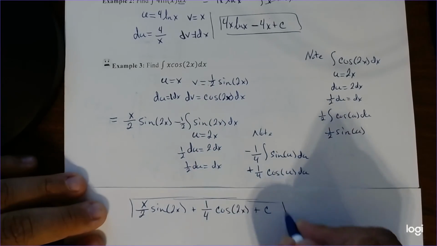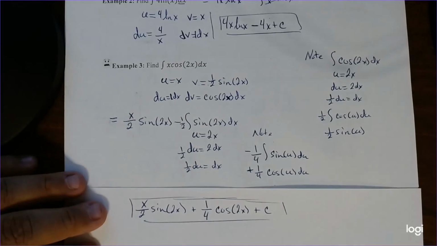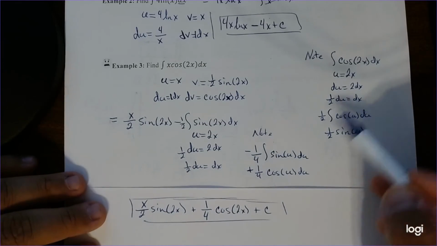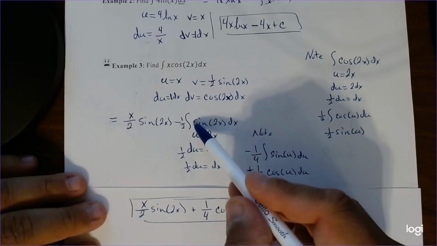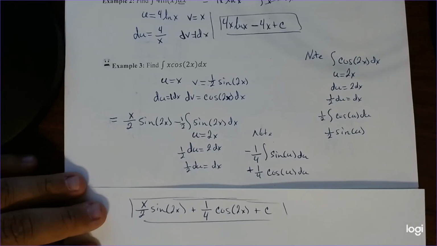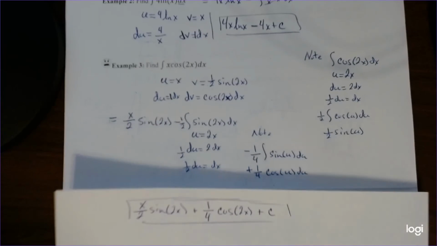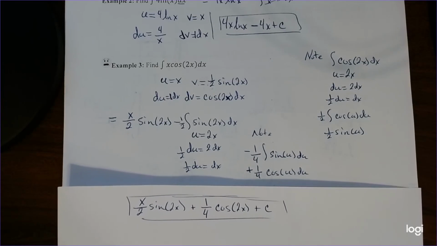And there we go. This is what I consider a pretty difficult question, because notice that we had to do the substitution rule twice: once for the initial integral, and then again for the actual integration in our portion. So fun little one there.